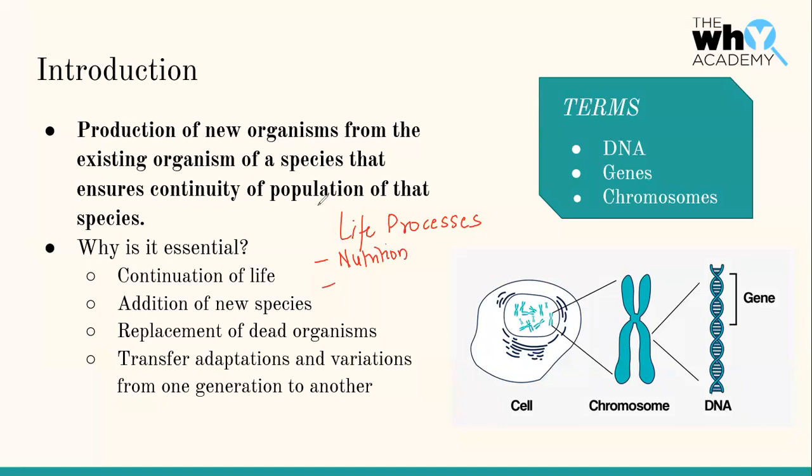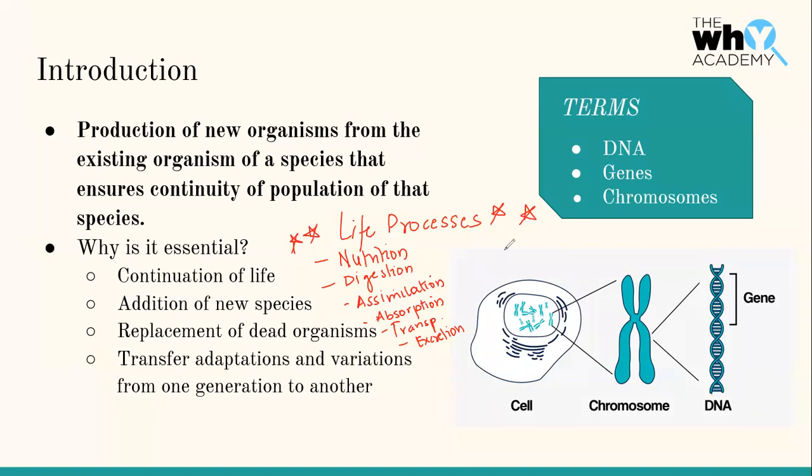So basically you've done everything from digestion, assimilation, absorption, transportation, I'm just writing in short, and excretion. So these are the life processes which are absolutely essential for growth and development.